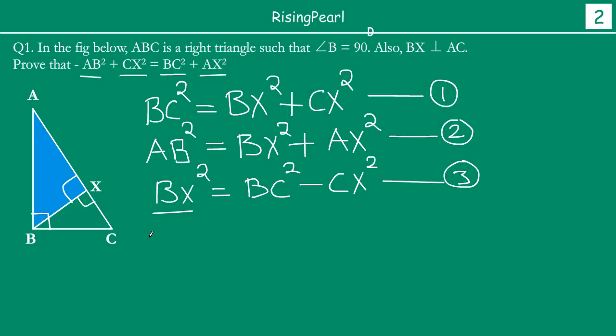So what we will get, friends, is this. We will have AB square, I'm writing equation 2, AB square is equal to, instead of writing BX square, I want to replace BX square by this value. So I'm going to write BC square minus CX square and then plus AX square.